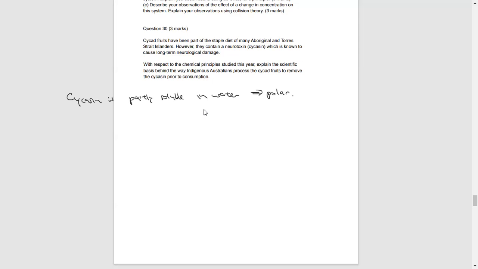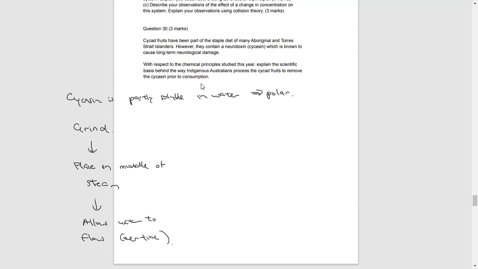So the processes are, they will grind the fruit, and then they will place it in the middle of the stream, and basically allow water to flow over it over time.